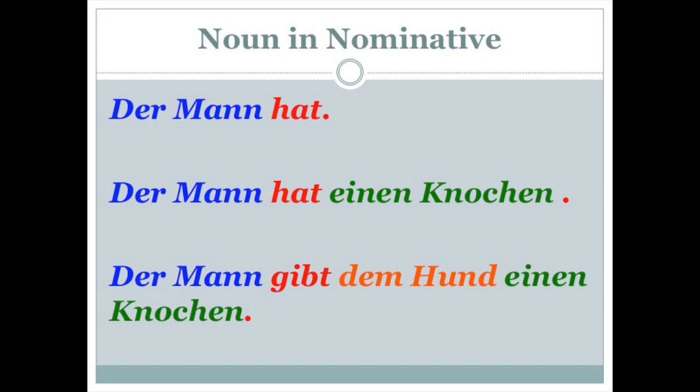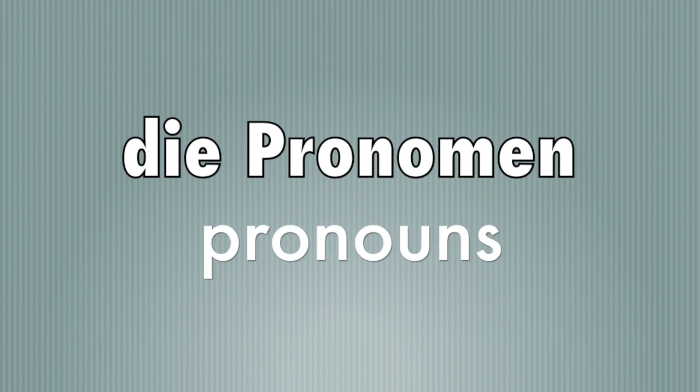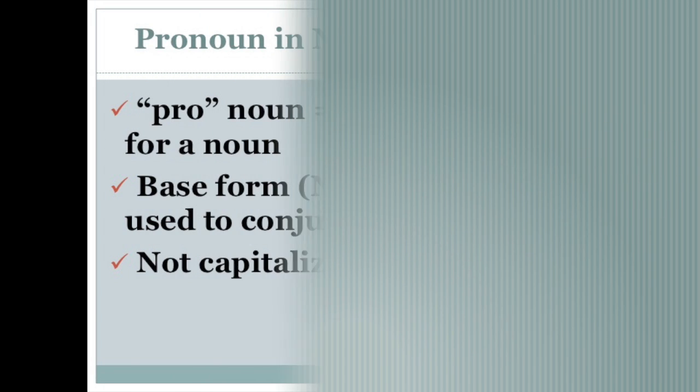Then in the last sentence, we change the verb to geben, to give, gibt, a vowel changer. So der Mann gibt dem Hund einen Knochen. Dem Hund is the receiver of the bone. The dog receives the bone, so he is in the dative. I know this is a little fast, and I will cover this more thoroughly in another episode, but understand that nouns can be different elements within a sentence. That's the takeaway here.